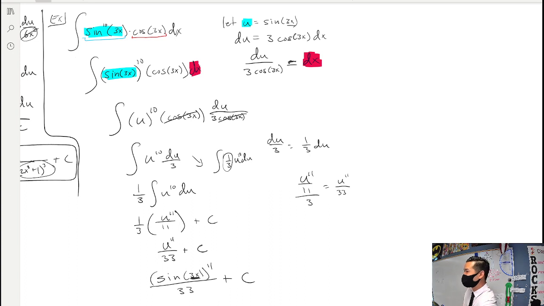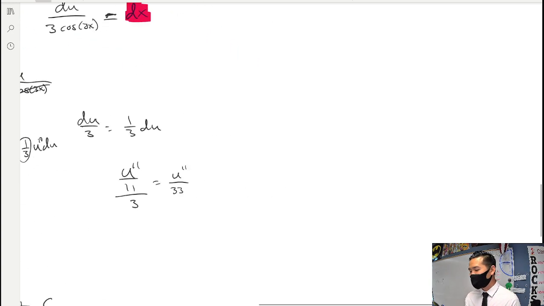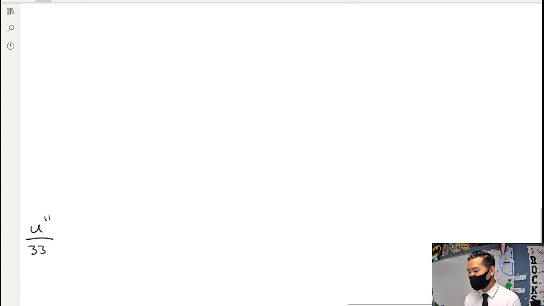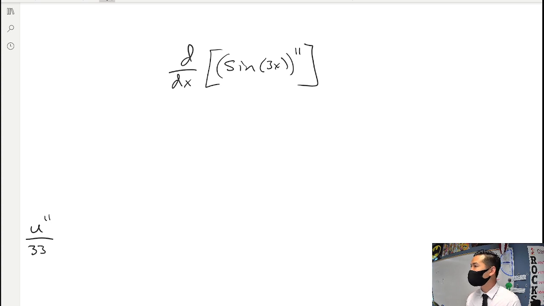With that shortcut thing where 11 goes to the front, why is it 11? So here's the thing. If I asked you to take the derivative of sine of 3x to the 11th power, there's an inner, a middle, and an outer.